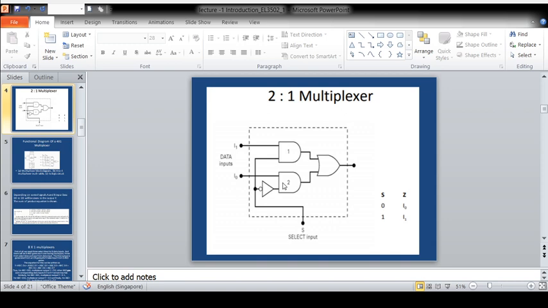If S is 1, the lower AND gate is disabled, but the upper AND gate is enabled, and the data input D1 is selected at the output. So Y is equal to D1. This way, the 2 to 1 multiplexer is prepared.